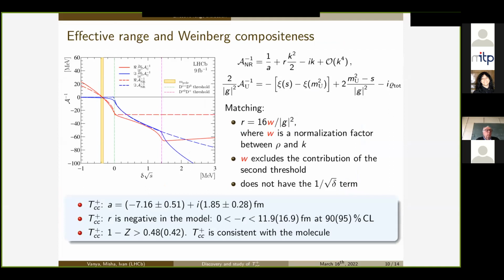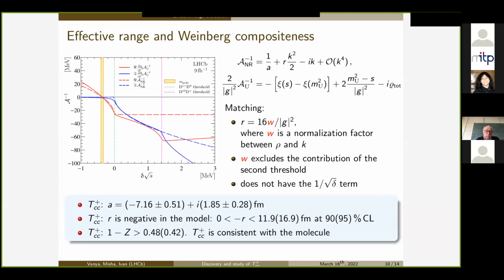If we make this matching between the expansion of our function in the second line and the non-relativistic example in the first line, we can match the terms and therefore extract an effective analog of the scattering length, which happened to be -7 Fermi, and an analog of the effective range, which in our case happens to be negative.